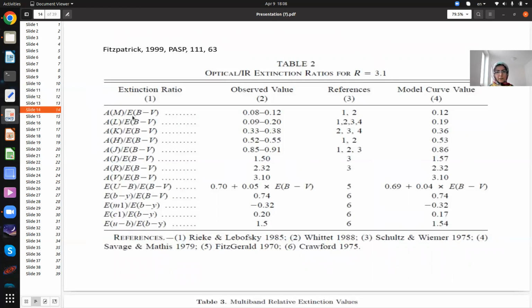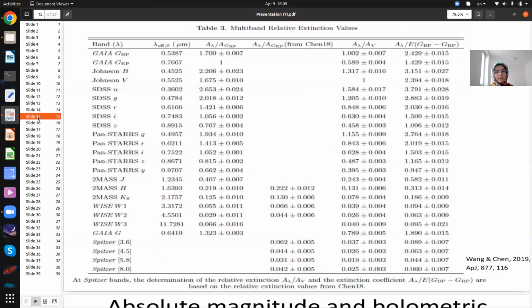If we have 2 filters, we use extinction, and if we have 1 filter, we use absorption. And here you see the difference of them. Also here, you see for different bands, we have different wavelengths and ratios.